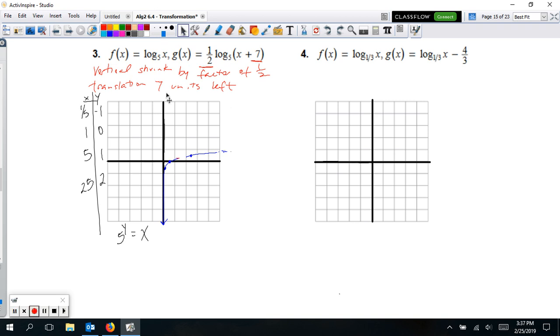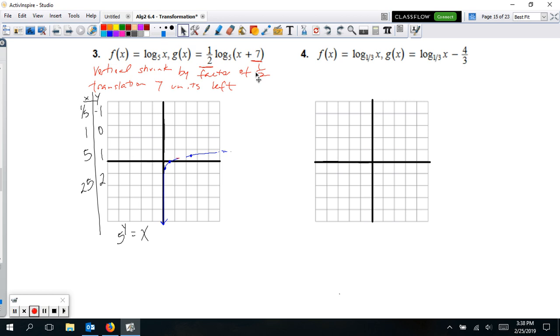And now if we want to graph this function, it's not hard to do translations on graphs. We can just move points around. But it is a little bit more challenging if we want to try to shrink something by a half here. That's a little more challenging to just figure out where these points are going to be. So really what we should do is just graph this one like we normally was going to graph it. Do a table of values again, get some more points for this one.